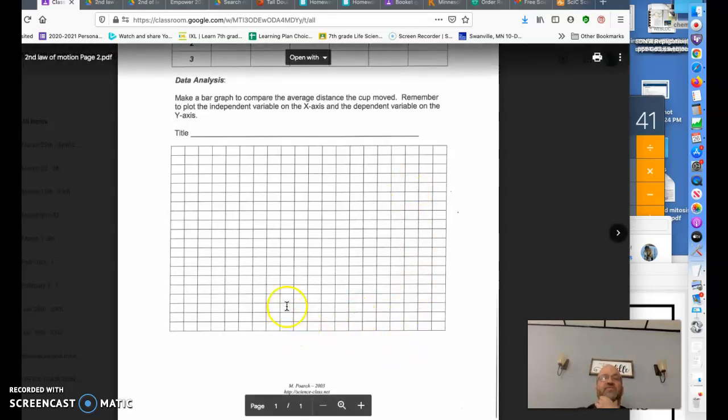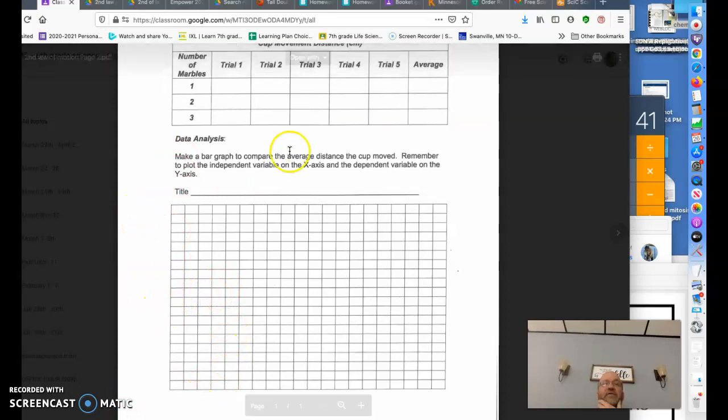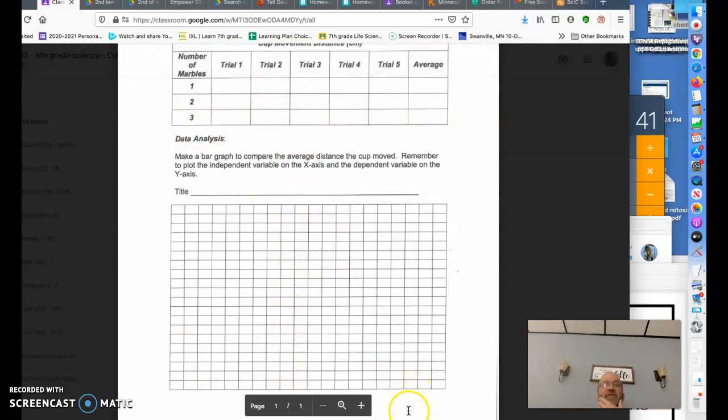And then you're going to do a bar graph with the information up here. The distance that 1 marble moved that cup on average would be here, going up with the distance on this side. 2 marbles here going up, and 3 marbles. And you would have that here with a bar going up.